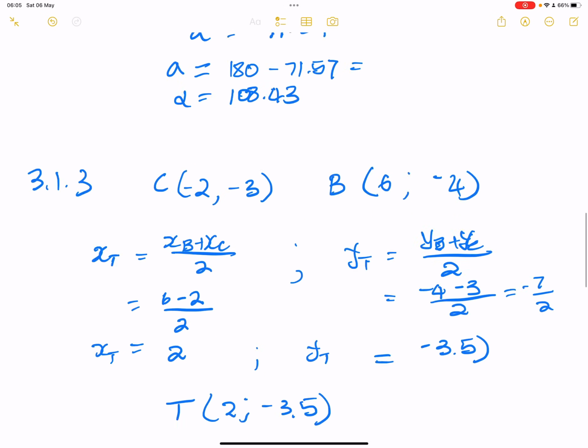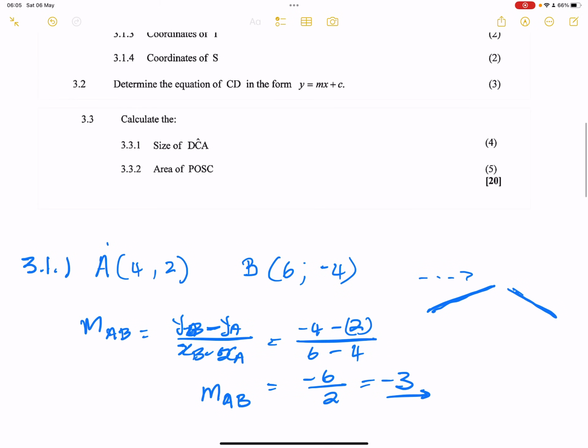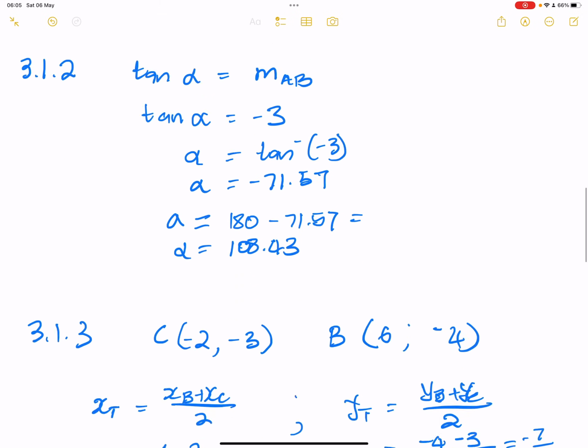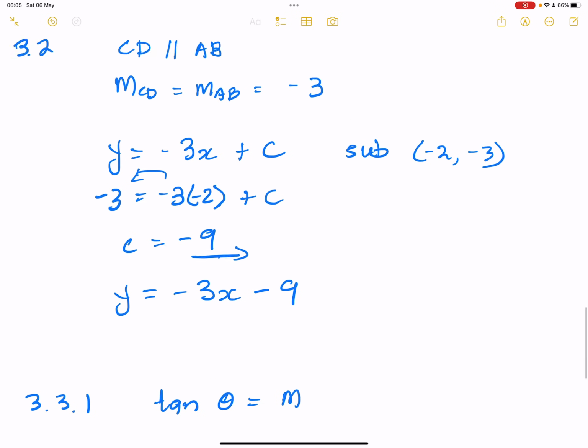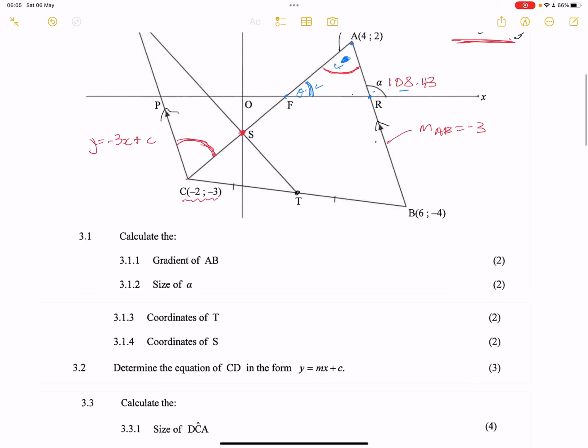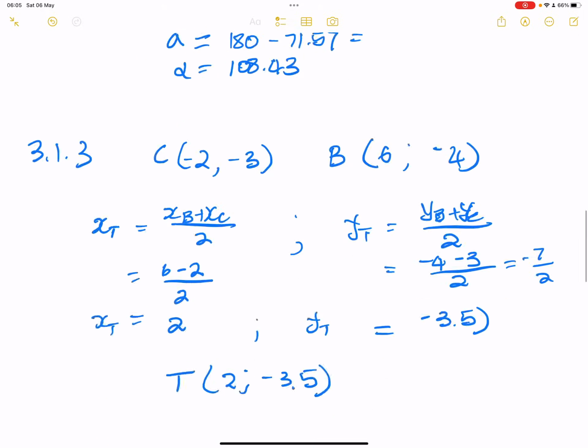So for question 3.3.1, we said let's find out what the tan of angle theta is. And in this case, this would be equal to the gradient of that line AC, which was 5/6.